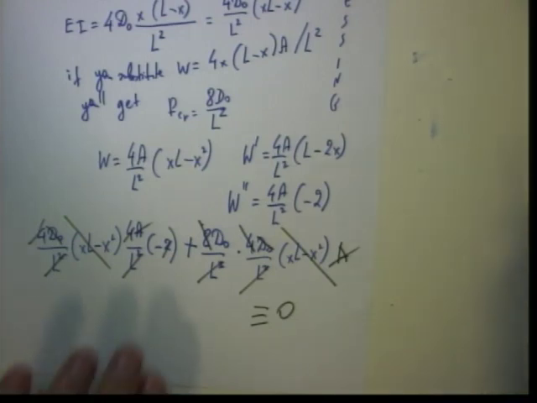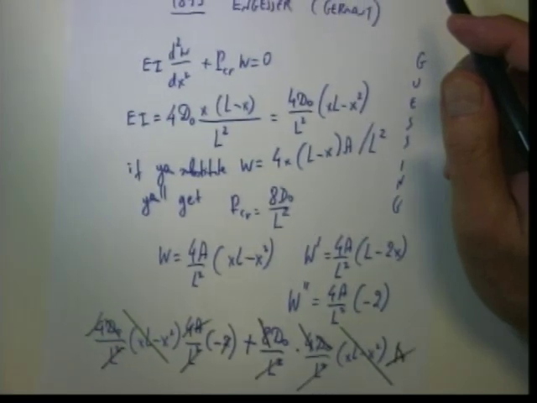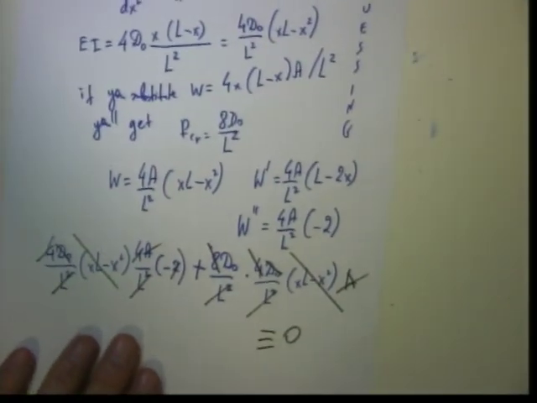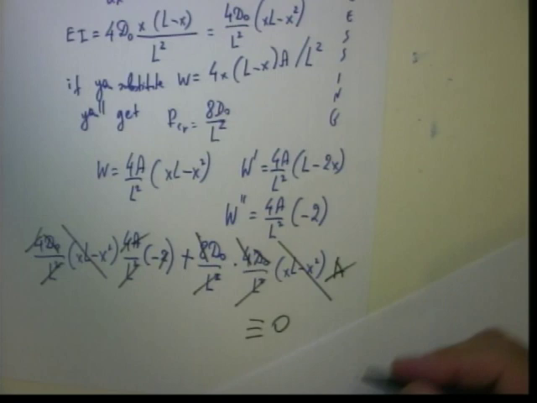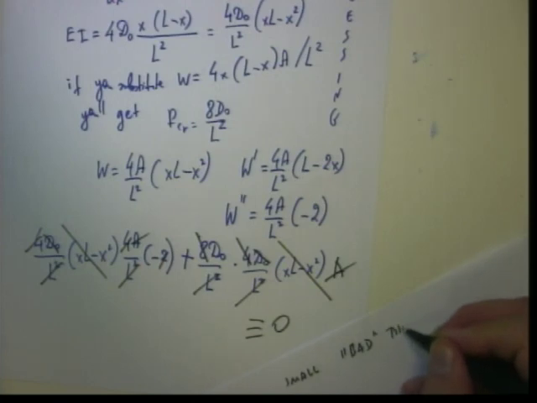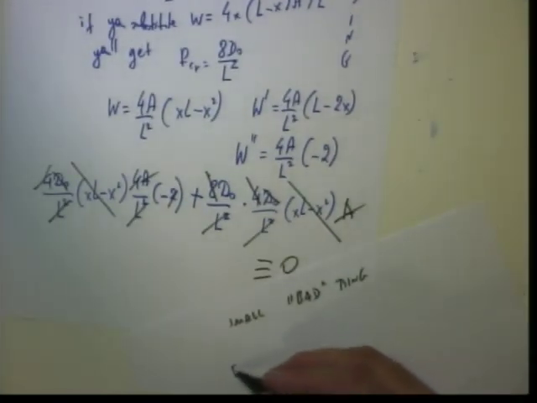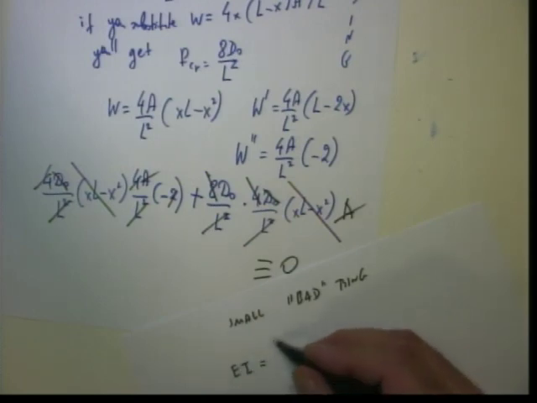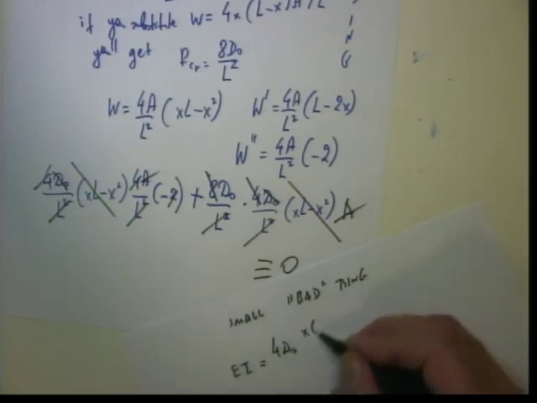The only bad thing here, very small bad thing. EI equals 4d0 x(L minus x) over L squared. Can I take this page?